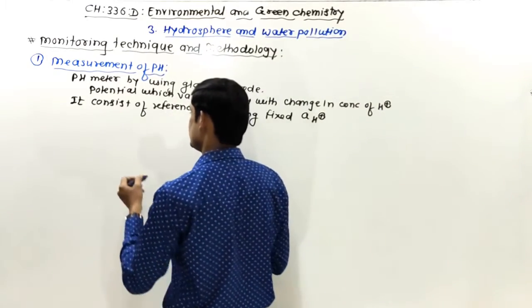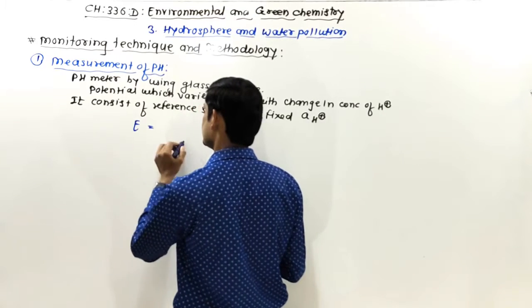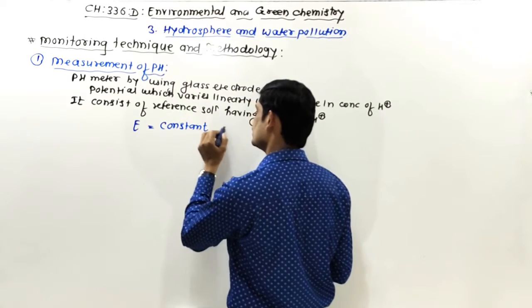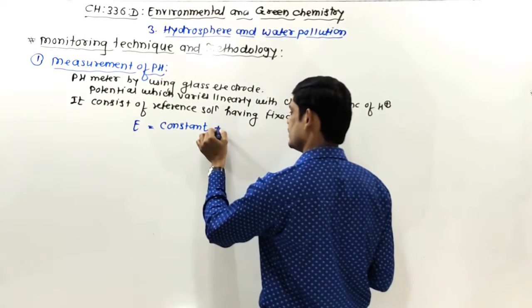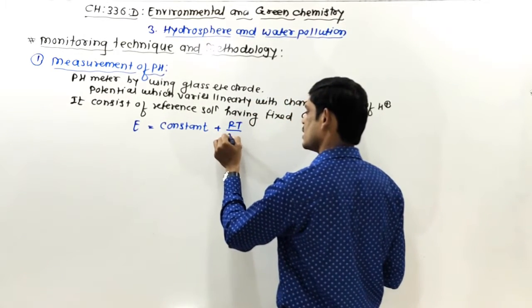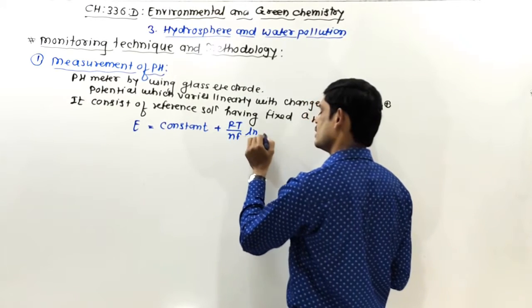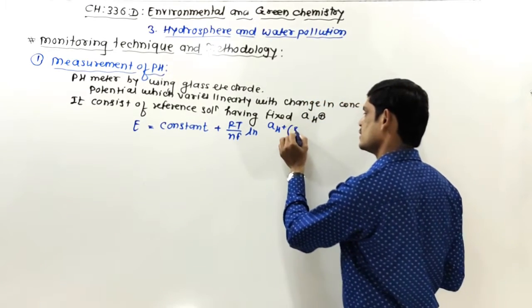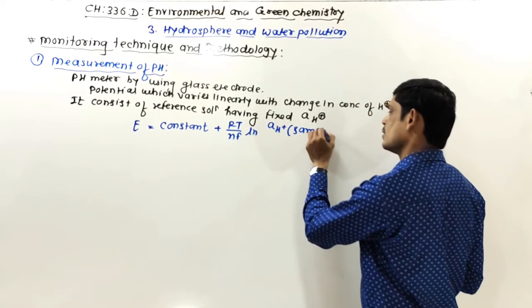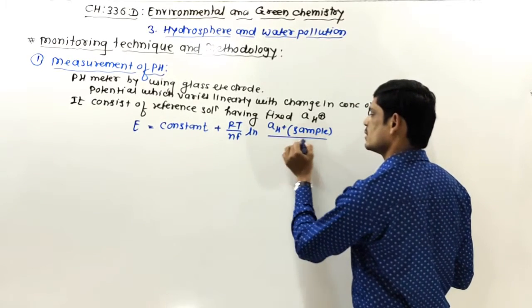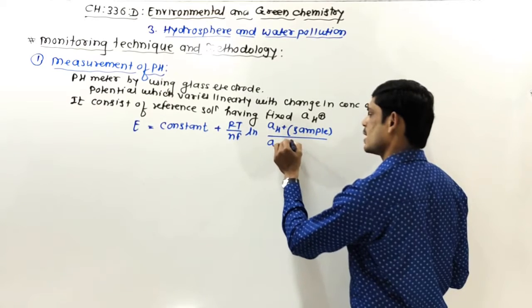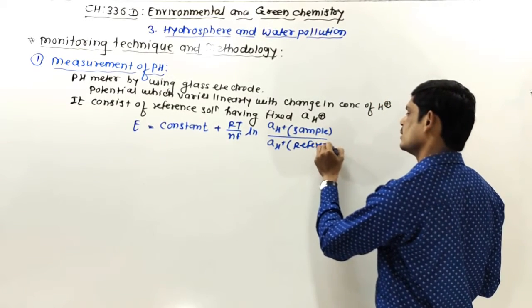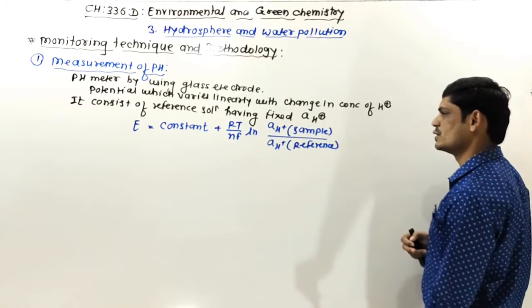The E cell is calculated by using a formula: E is equal to constant plus RT upon NF, ln of activity of H plus ion of the sample solution upon activity of H plus ion of the reference solution.